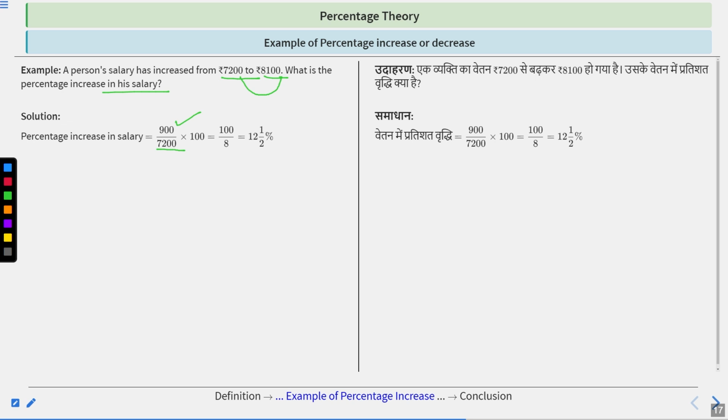So, the percentage increase is the increase upon the base value multiplied by 100. When you solve it, the 00s cancel out, 9 8s are 72. And when you divide 100 by 8, we get 12.5%. Okay.